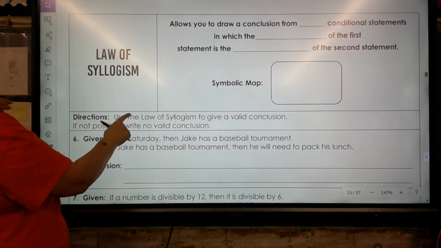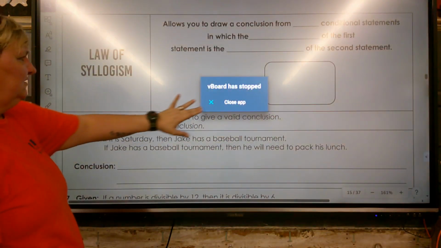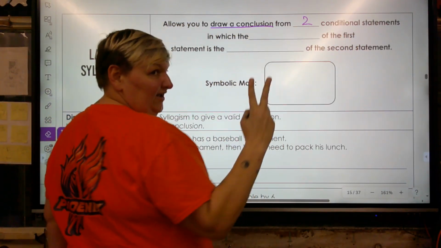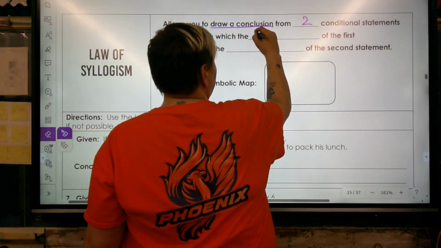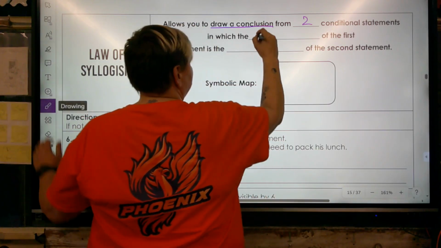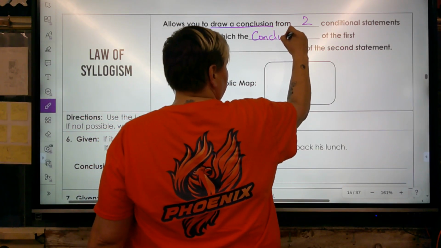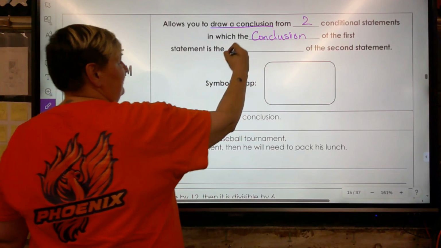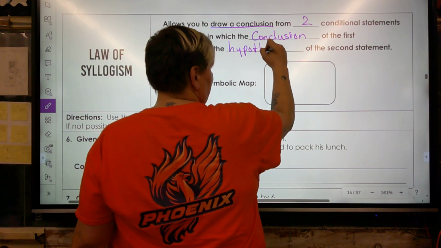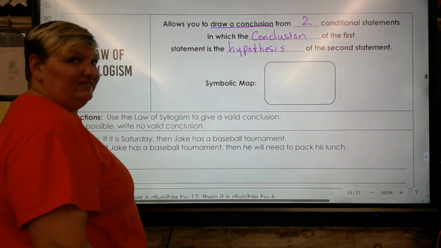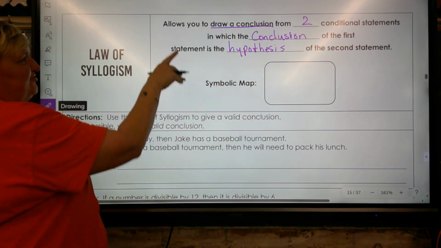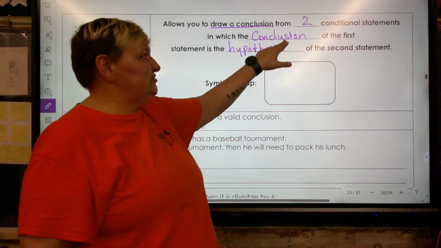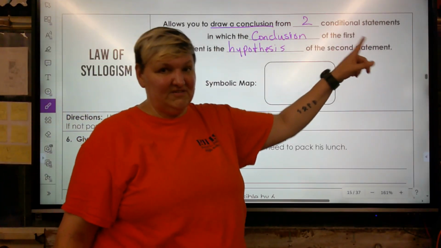Syllogism allows you to draw a conclusion from two conditional statements, two if-then statements, in which the conclusion of the first statement is the hypothesis of the second statement.